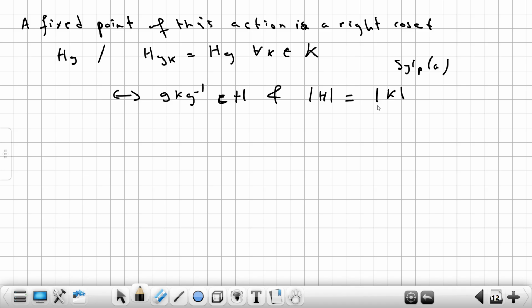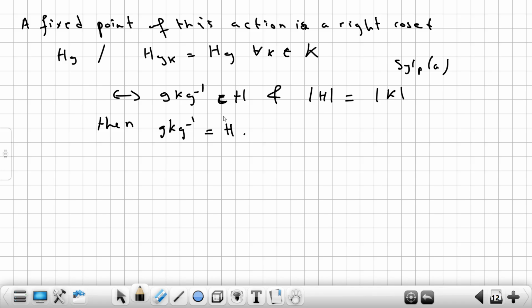Okay, so they have the same order. Then gKg^(-1) is equal to H. Okay, so it's enough to show that this action actually has a fixed point.